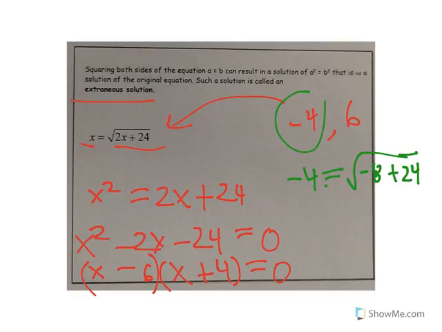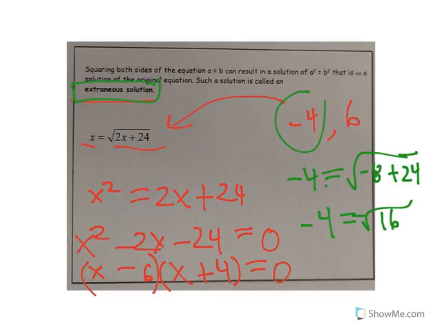Now, if you think about it, this would be negative 4 is equal to the square root of 16. It doesn't work because you need a negative value in front here for this to work, and we don't have that here. So this is an example of what's called an extraneous solution.